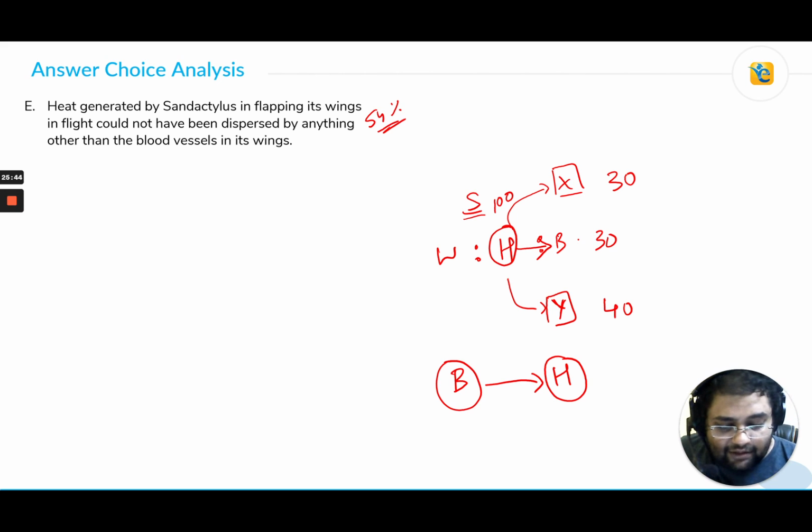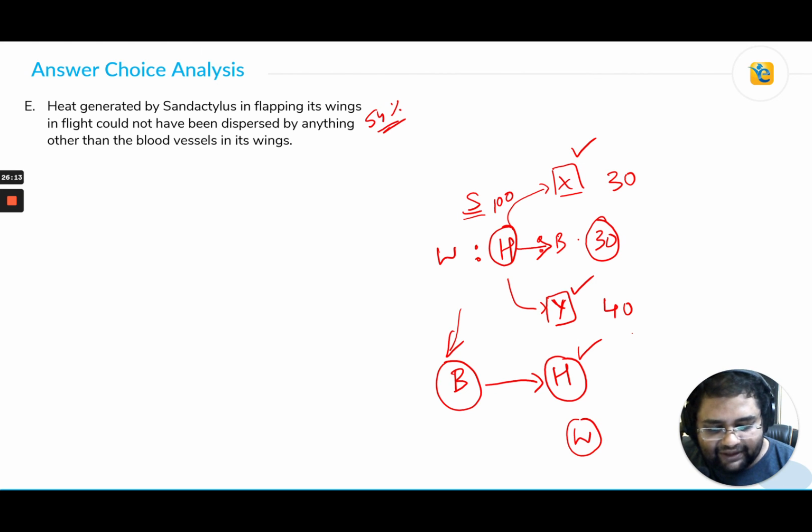In other words, even if there are other means of heat dissipation, provided the blood vessel networks exist only for the purpose of dissipation of heat, which is very much possible, the conclusion will still hold true. So the only reason why these blood vessel networks exist is for dissipating these 30 units of heat, and in that case, the existence of this blood vessel network is at some level proof that wing flapping is happening, because even these 30 units of heat are being generated by the flapping of the wings.